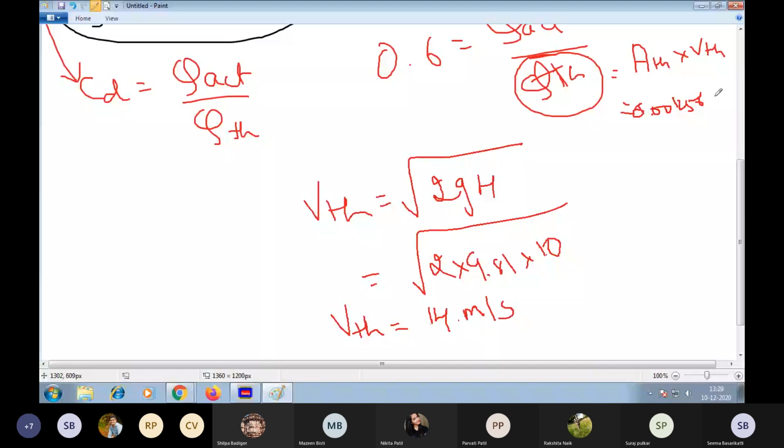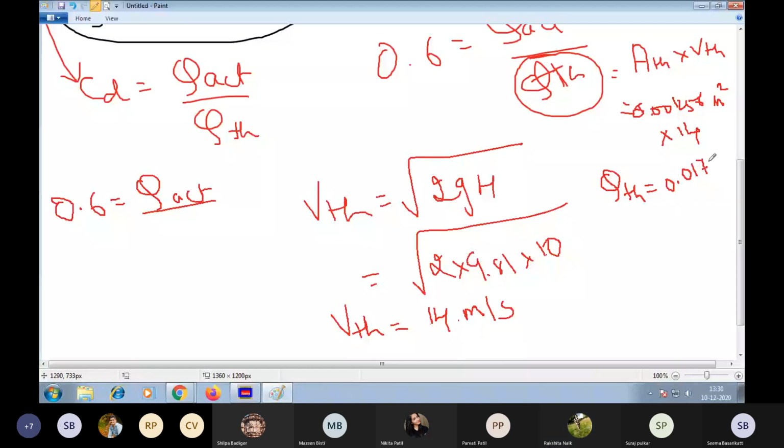So CD, what is the value they have given? 0.6. Actual discharge, I don't know. So theoretical discharge, how are you going to calculate? 0.001256 multiplied by 14. That will give you the theoretical discharge, equal to 0.0175.